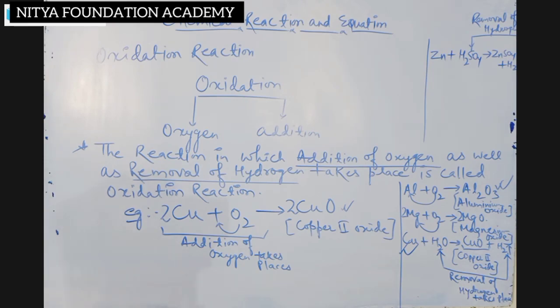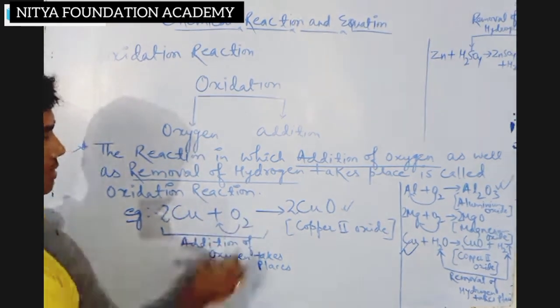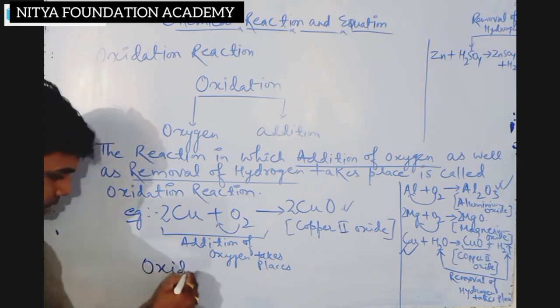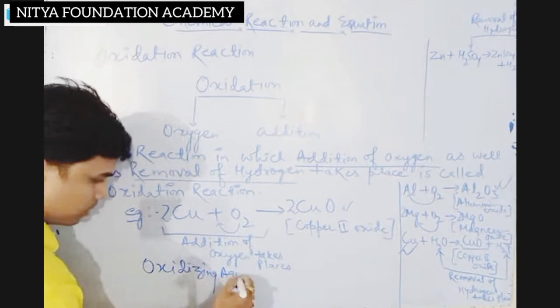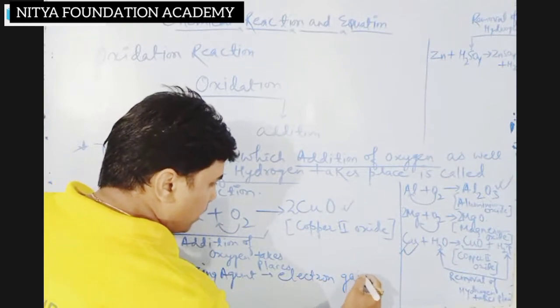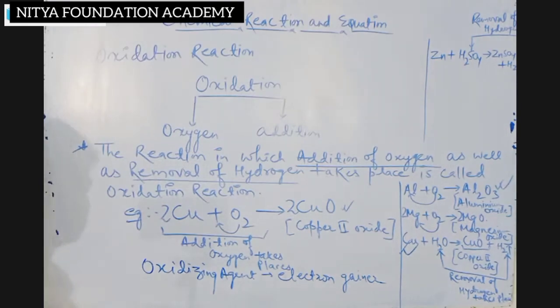Okay, means when you see a reaction which is an oxidation reaction, and there we say this is an oxidizing agent, then you must always remember the property of the oxidizing agent: it is always to gain electrons. Okay, it is an electron gainer. The simple property of an oxidizing agent is that it gains electrons in the reaction. Okay, during the reaction it gains electrons and that's why it is called an oxidizing agent. Another name of oxidizing agent is oxidant. We also say oxidant.